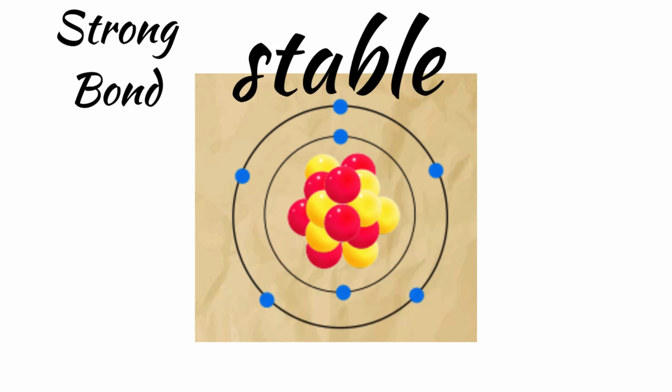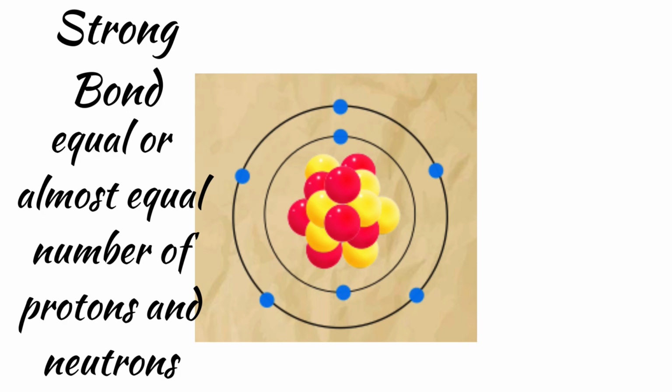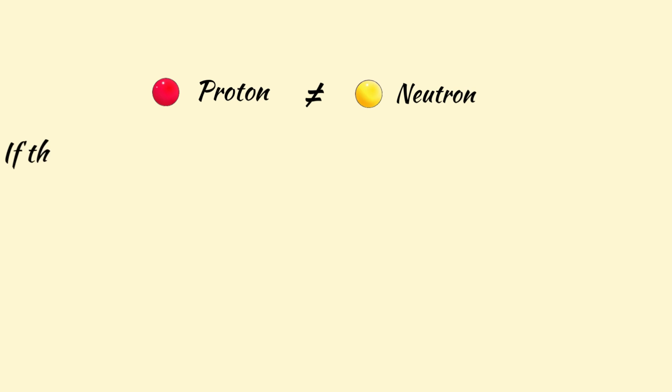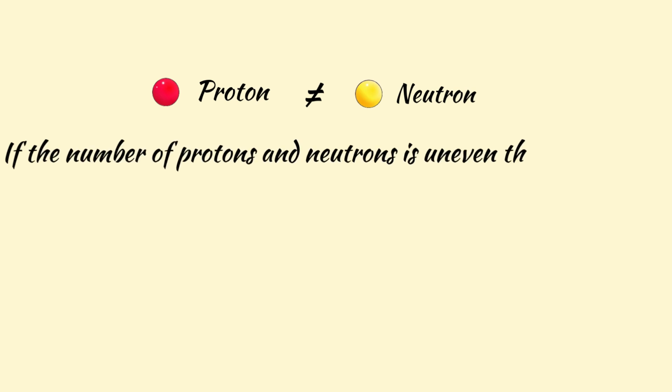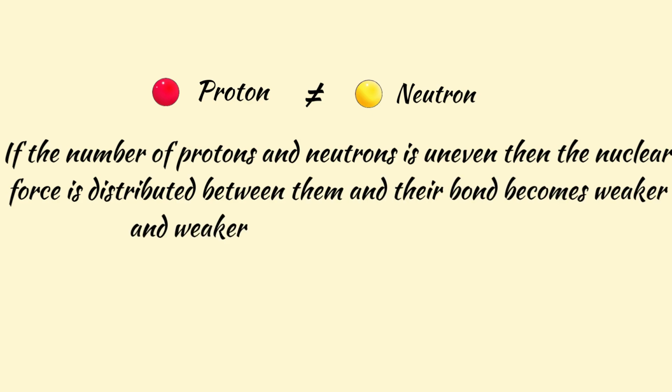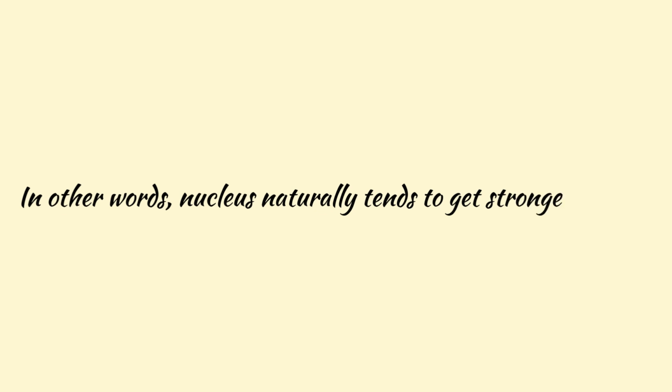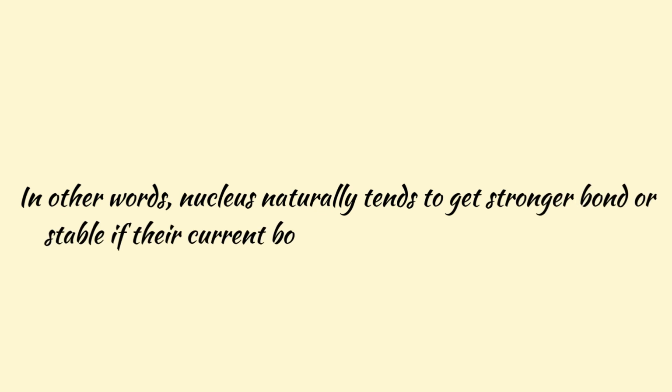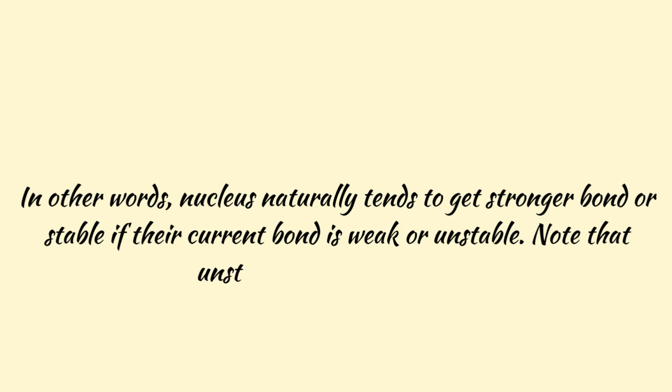So, a strong bond is created between an equal or almost equal number of protons and neutrons inside the nucleus. If the number of protons and neutrons is uneven, then the nuclear force is distributed between them, and their bond becomes weaker. The weaker the bond, the more unstable it gets. In other words, the nucleus naturally tends to get a stronger bond, or become stable, if its current bond is weak or unstable. Note that unstable means radioactive.